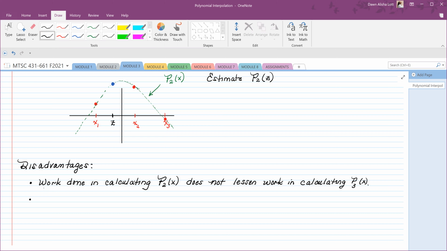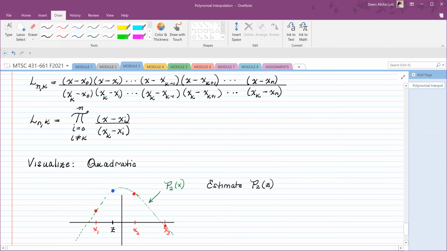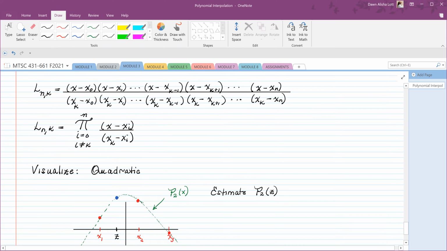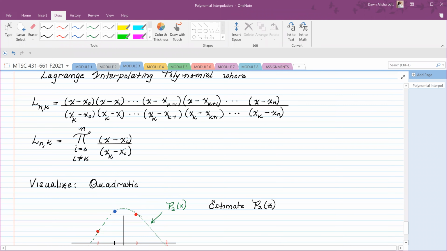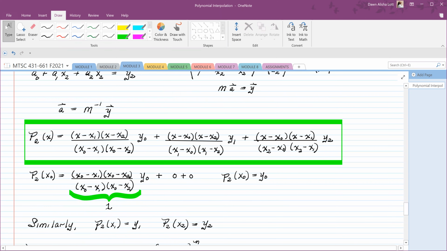So we have to recalculate the A0, A1, A2, A3? Well, notice how we figured out what P2 was. Here's P2. I can't just add on a term for P3, Y3.